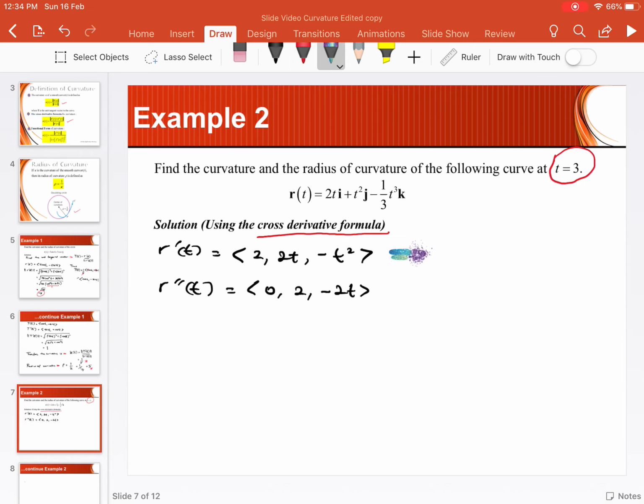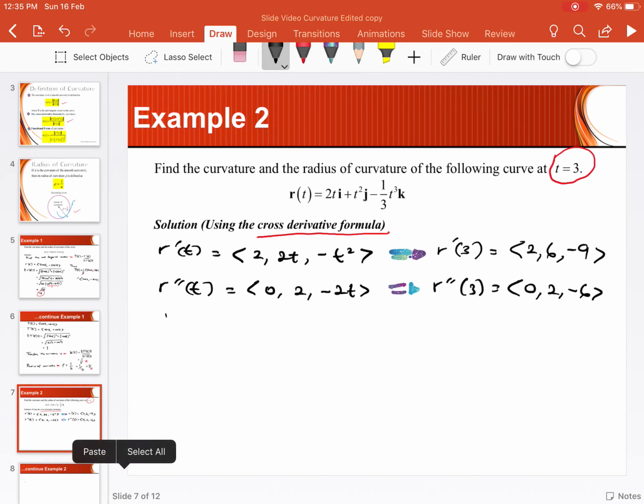So we have r prime 3 equals 2, 2 times 3 is 6, and negative 3 squared should be negative 9. And then substitute t equals 3 in r double prime t. We have r double prime 3 equals 0, 2, and negative 2 times 3 is negative 6.